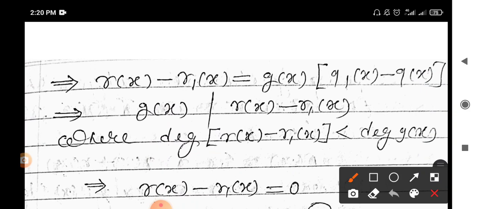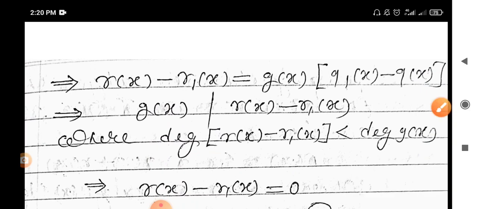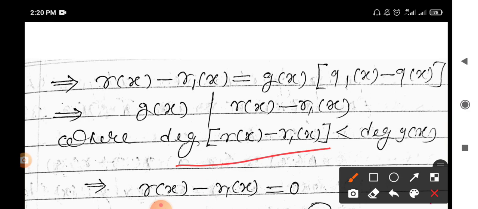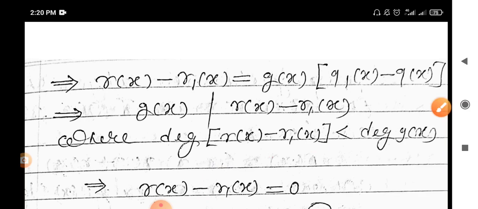That is, g(x) divides r(x) minus r1(x), where the degree of r(x) minus r1(x) is less than the degree of g(x), by the definition of divisibility. Therefore the degree of r(x) minus r1(x) is less than the degree of g(x). Therefore we must have r(x) minus r1(x) equal to 0.